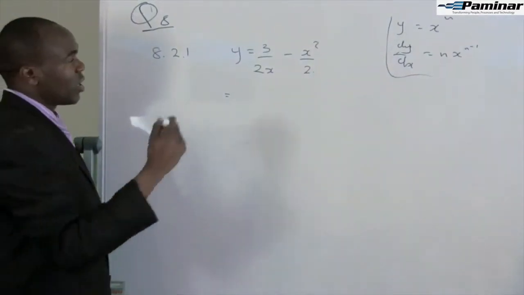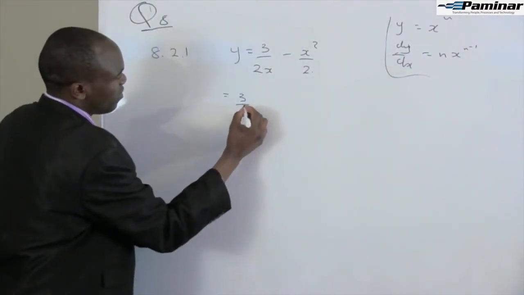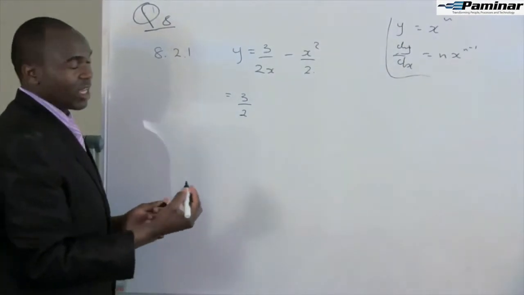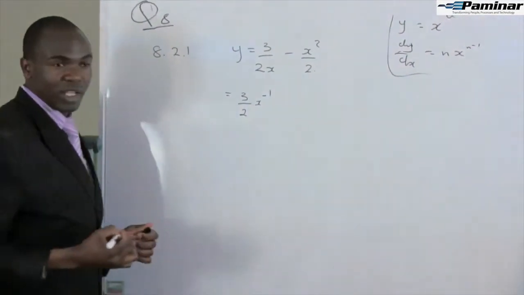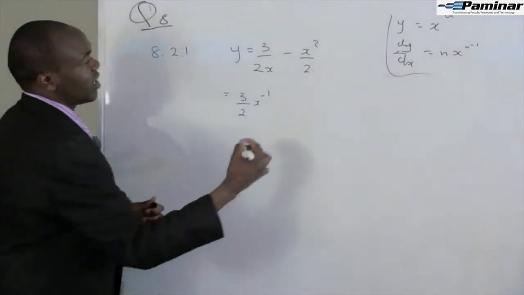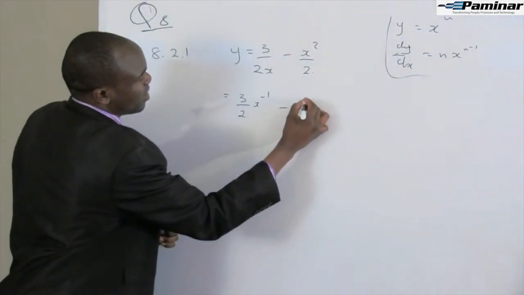So now we can say 3 over 2 x to the power minus 1, and then minus x squared over 2.